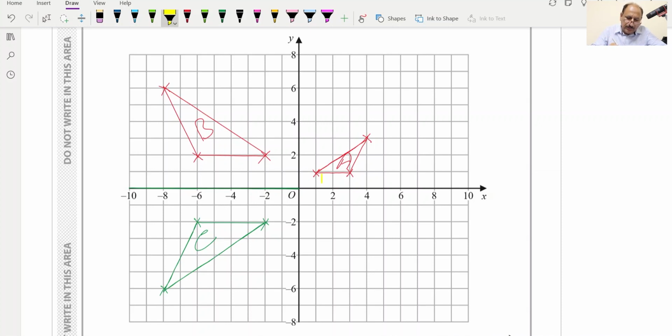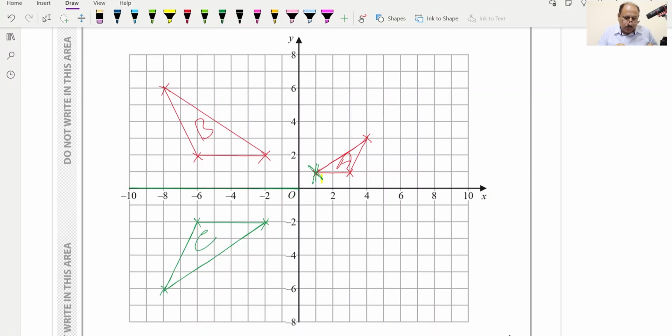1 1 point is basically this point, and rotation. So if we rotate this and draw the triangle, if we draw 180 degrees, what will D be?